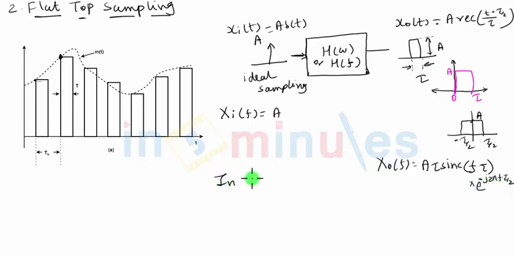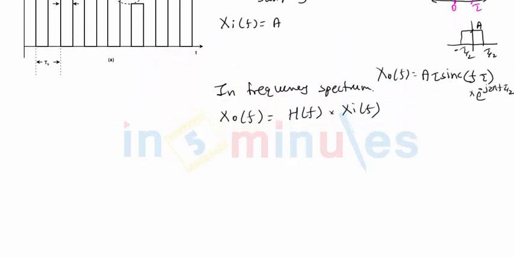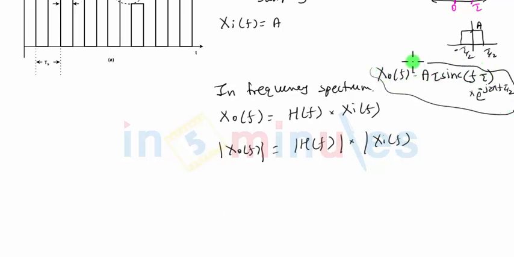So in the frequency spectrum, we have one very important relationship which says that the output spectrum X(f) is nothing but the frequency spectrum of the system multiplied by the frequency spectrum of the input signal. We are right now basically interested in the magnitude spectrum. So if I draw the magnitude spectrum, it will be mod H(f) into mod X_i(f). If I take the magnitude of X(f), this is my X(f) that we have written here.